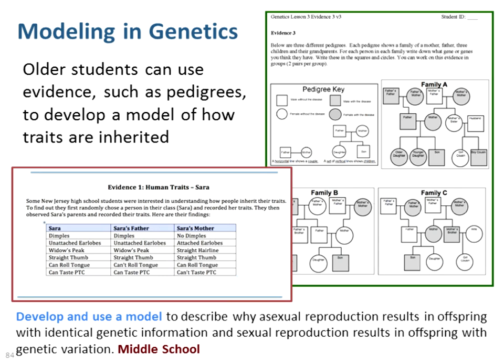If we think about older kids, the middle schoolers, right, develop and use a model to describe why asexual reproduction results in offspring with identical genetic information, and sexual reproduction with genetic variation. So this is actually from materials that we've developed and used with middle school students.